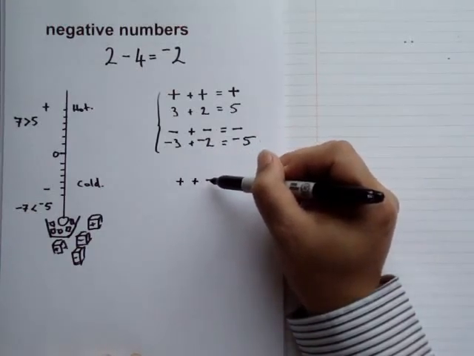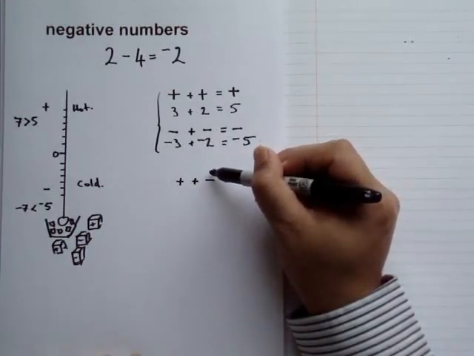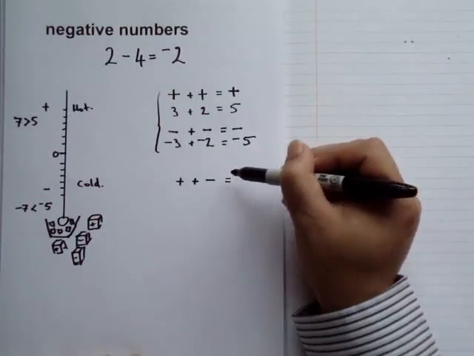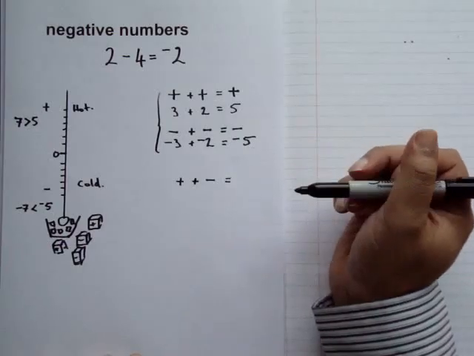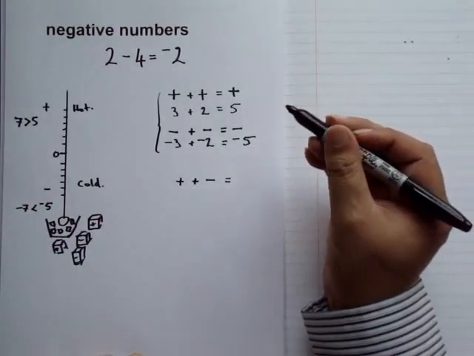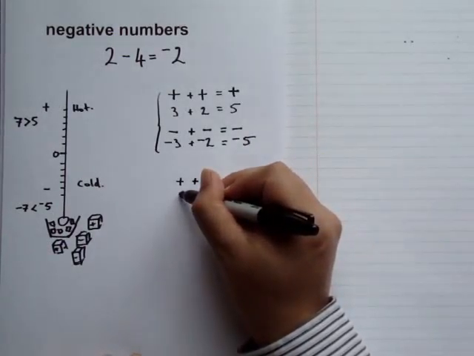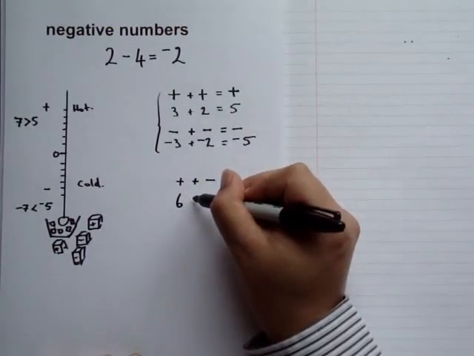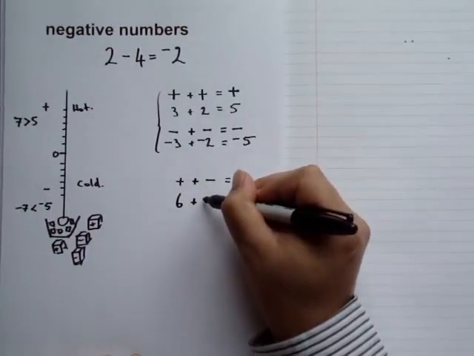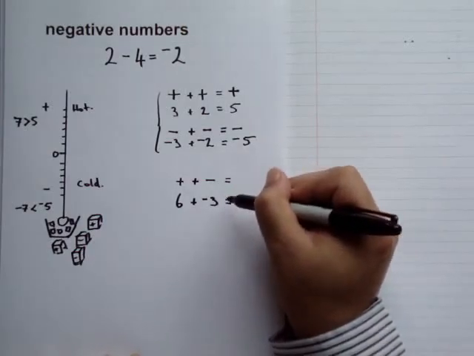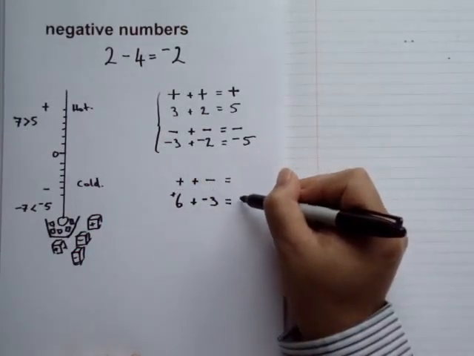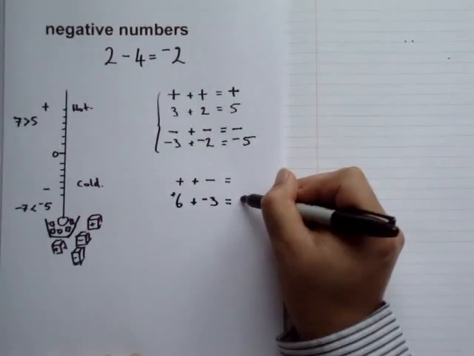If the negative is greater in magnitude, the number attached to the negative, we end up with a negative answer. So let's have a look at that. Here we have a 6, which is greater than negative 3. We're going to end up with an answer which is positive.